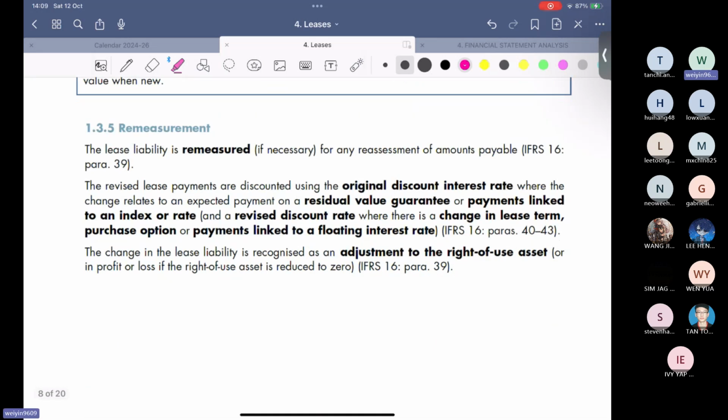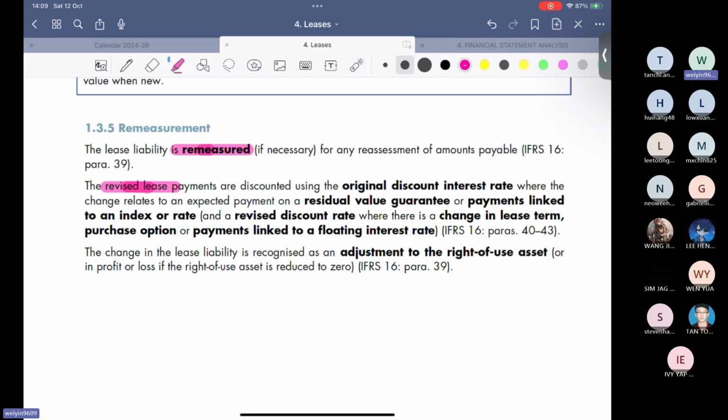Okay. Next part, we look at the remeasurement. Our liability can be remeasured, right, if necessary, on any reassessment of the amount payable. So sometimes when you sign up the contract, your lessor says that your lease payment will be revised based on the national CPI, the Consumer Price Index.